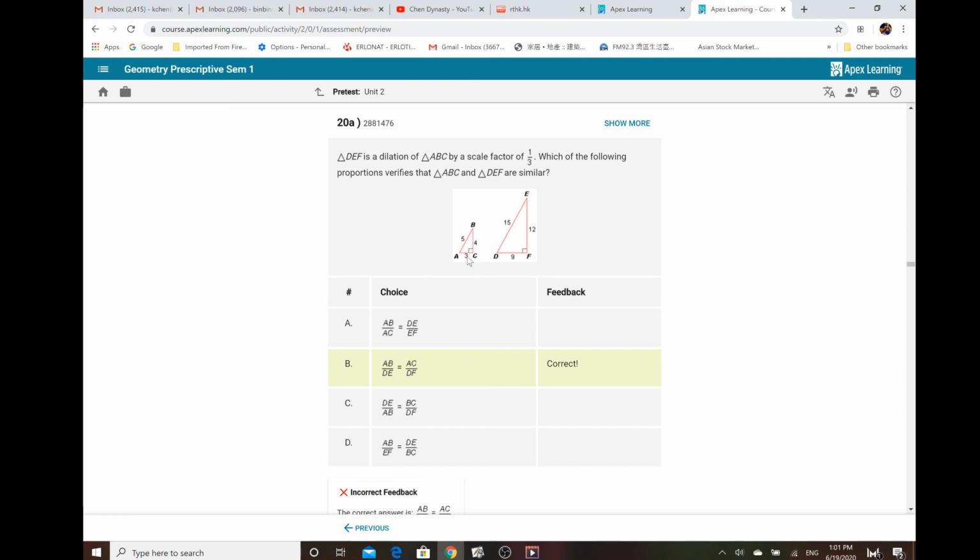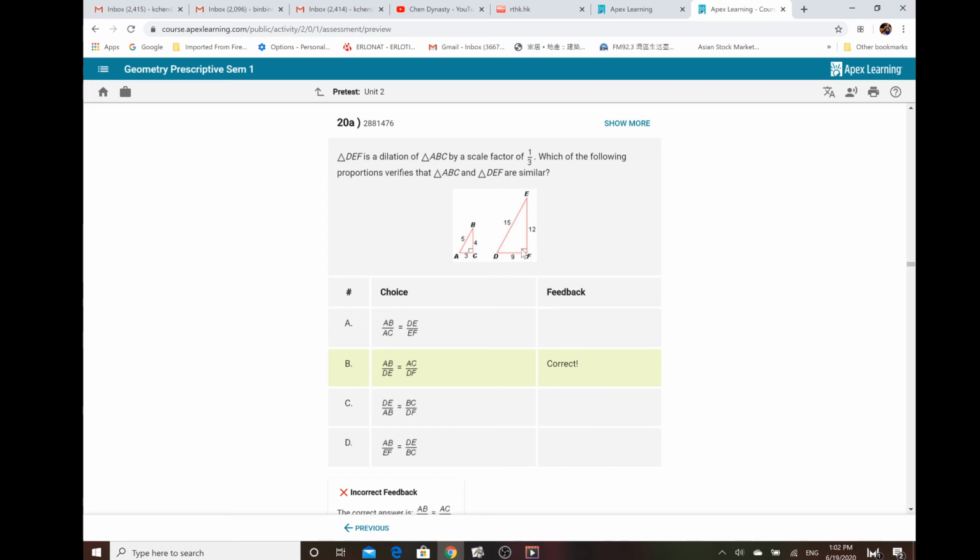One thing that we show is the comparison of the longest legs of the segments. So segment AB versus segment DE, comparing the longest segments of both triangles. This one is the same ratio as AC over DF.